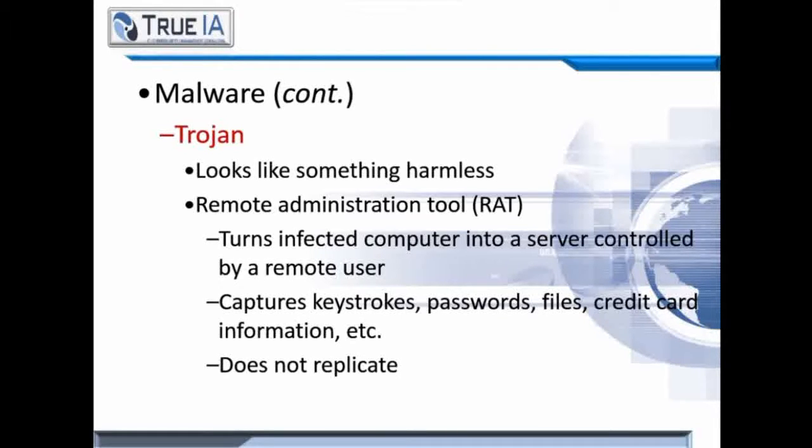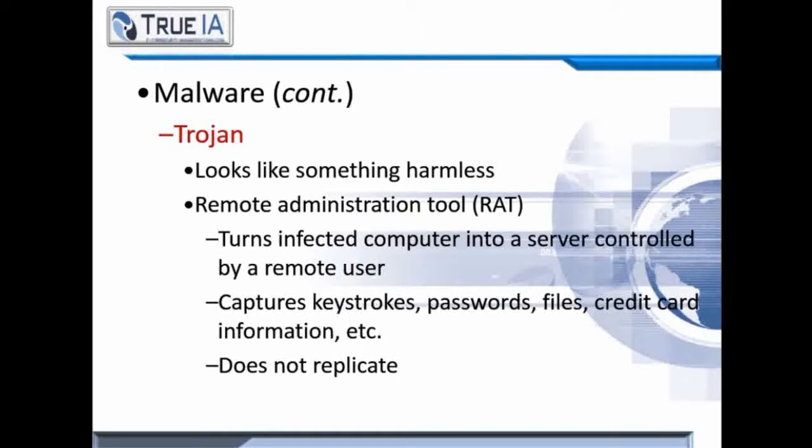And then, once executed, they unload their payload. Usually, this is how what's identified as a RAT, or a remote administrative tool, is installed on a user's PC. These RATs capture keystrokes and passwords and credit card information. They don't duplicate, per se, they just sit there.